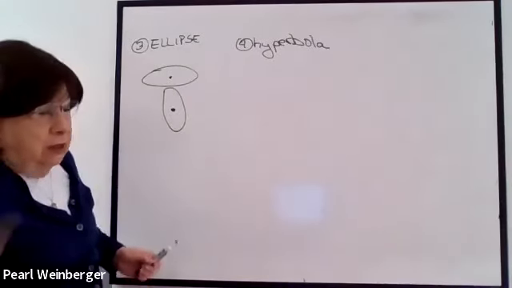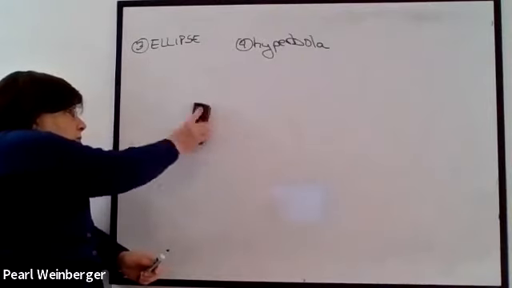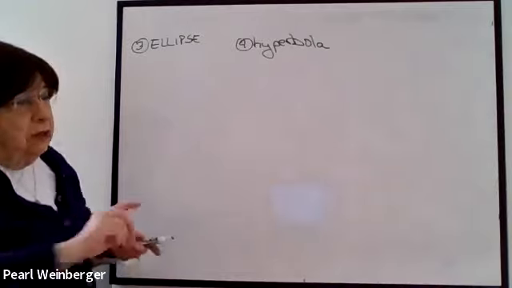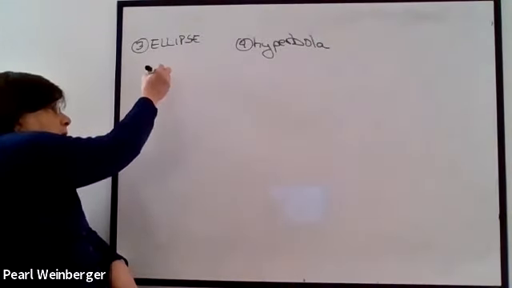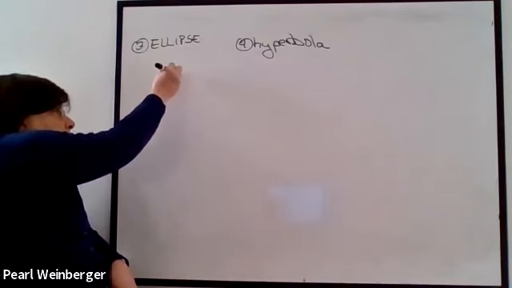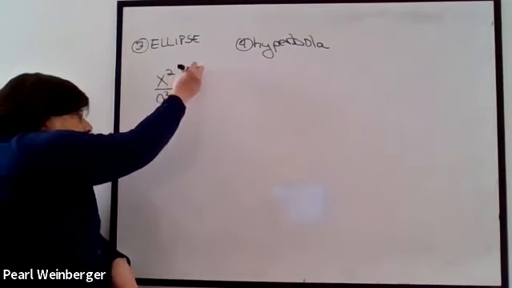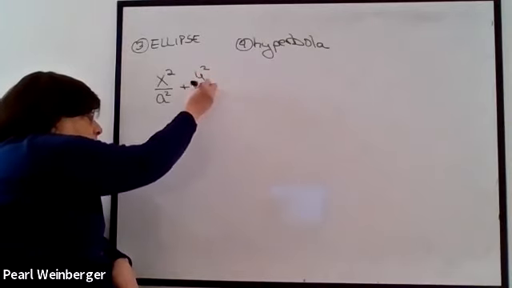So let's talk about the basic or the standard equation for an ellipse. The standard equation of an ellipse will look like this: x squared over a squared plus y squared over b squared equals 1.